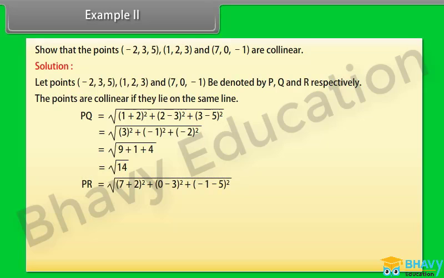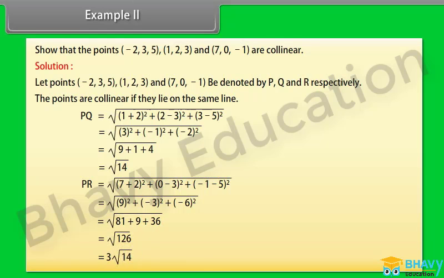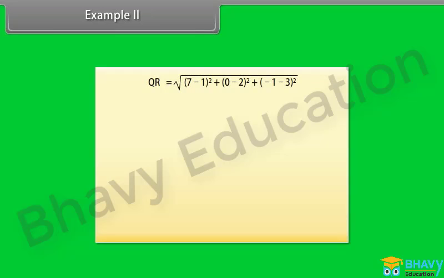PR is equal to the square root of (7 + 2)² + (0 - 3)² + (-1 - 5)². After calculating PR, we get 3 times the square root of 14. QR is equal to the square root of (7 - 1)² + (0 - 2)² + (-1 - 3)².